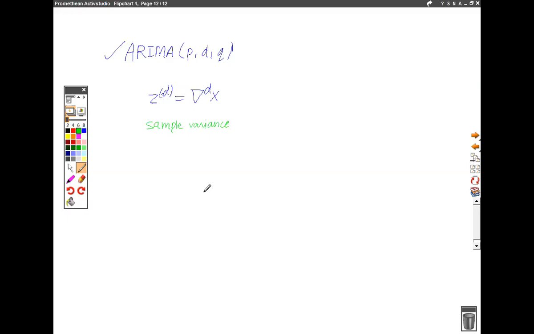So what happens is, if you difference the data, you can plot a graph for how many times you have differenced the data and for the sample variance that you get. So let us denote the sample variance by sigma square D, which is what you will plot. And because it is the estimated one, we have this nice cute little hat up there.